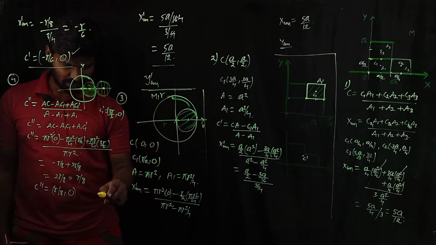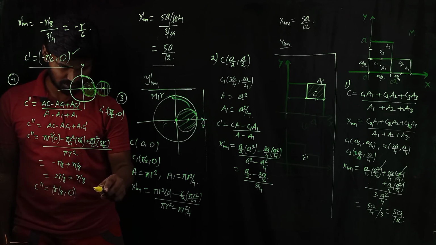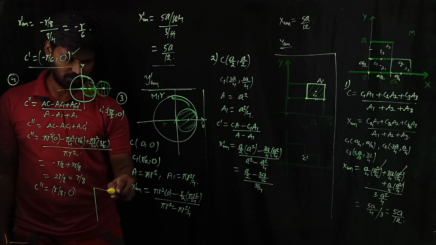Here I am taking an object in this shape. Let me call it an F shape, like this.